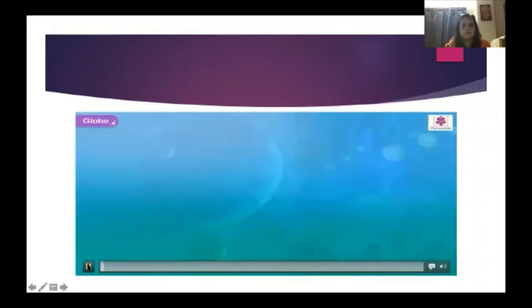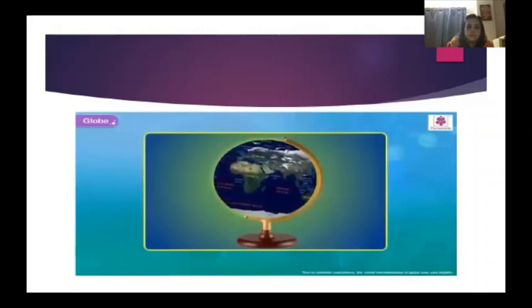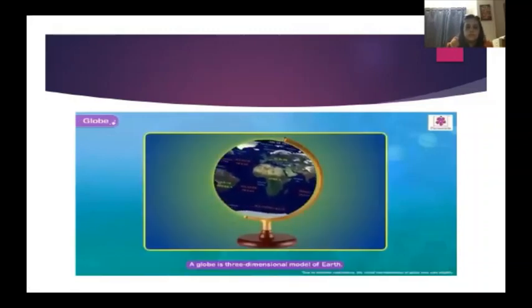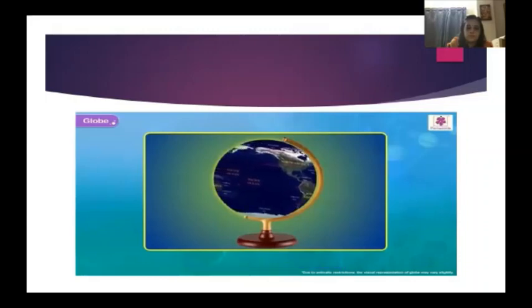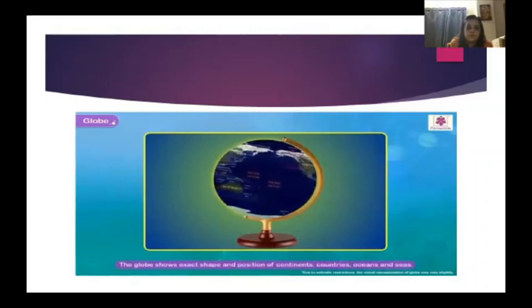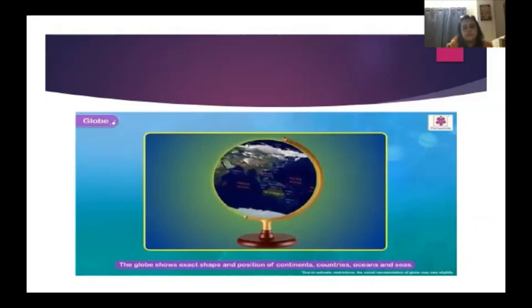Globe. A globe is a man-made, three-dimensional, spherical model of our planet Earth. The globe shows the exact shape and position of continents, countries, oceans, and seas. Maps.